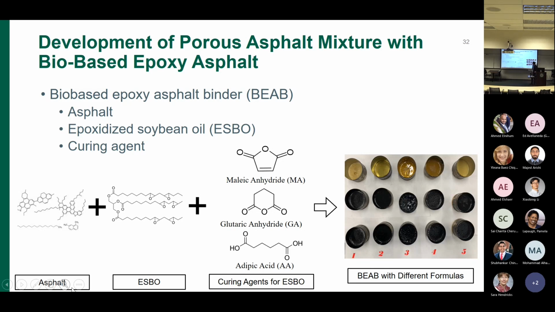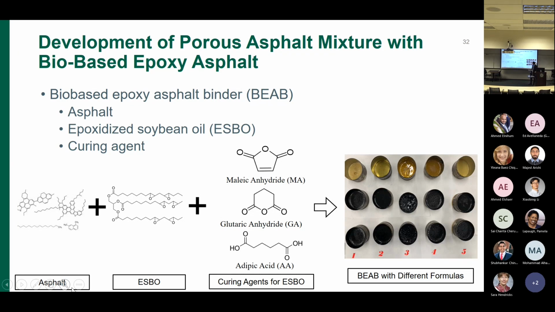Okay, so a couple of my former students tried different combinations of the component materials. We took the findings from chemical engineering, who did all the work trying to find the bio-based epoxy material.